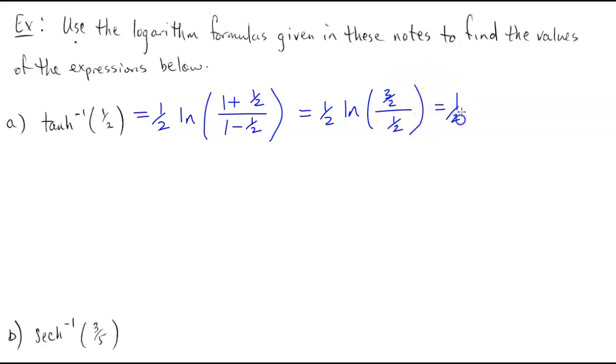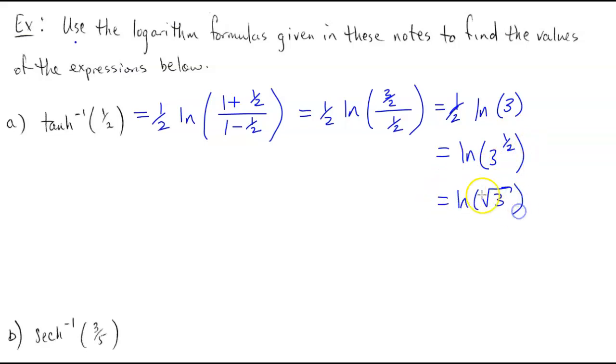So that's just going to be 1/2 of natural log of 3. And so you could leave it that way, or if you want to, you could rewrite this as natural log of 3 raised to the 1/2, which would just give you natural log of square root of 3. So whether you want to express the answer this way or this way is totally up to you.